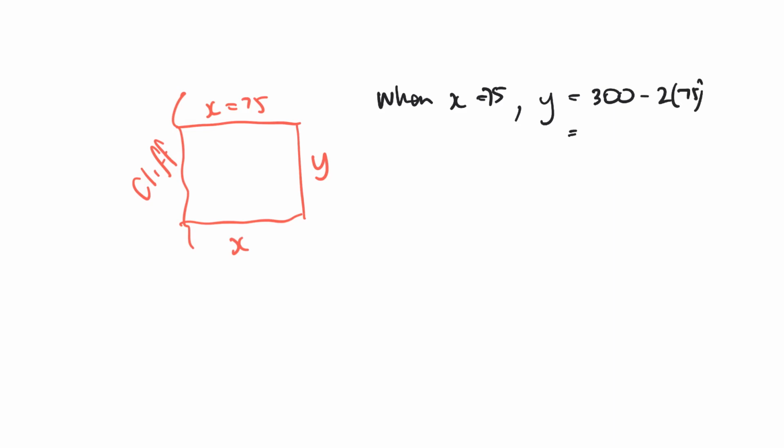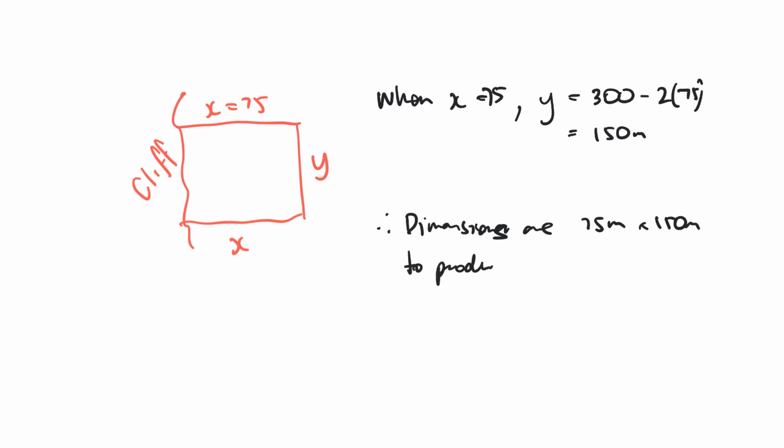Right, so 300 minus 150 is 150 metres. So to finish our question off, therefore the dimensions are 75 metres by 150 metres to produce the greatest swimming area.